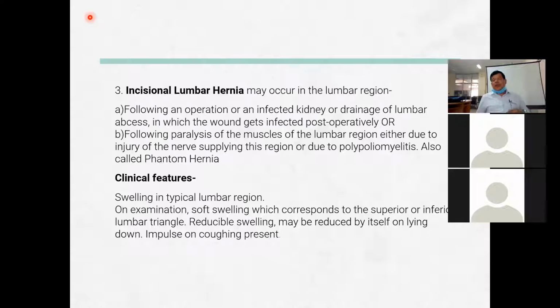It may reduce spontaneously, or on lying down, or sometimes manually it may require reduction. And cough impulse is easily present here. So the two cardinal features of hernia, reducibility as well as cough impulse, are easily present, except in strangulation or obstruction where they may be absent.